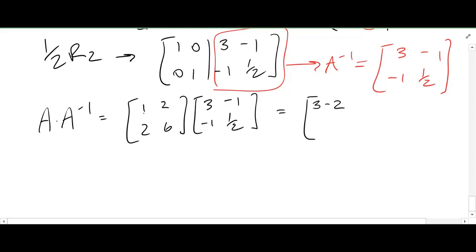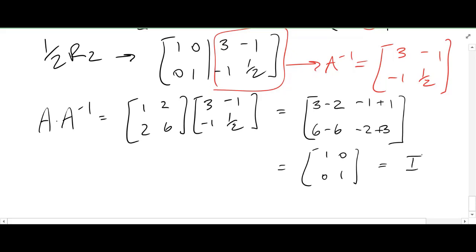And then for the second entry, you get negative 1 plus 1. And then 6 minus 6, negative 2 plus 3. So overall, you get the identity matrix. So it works out.